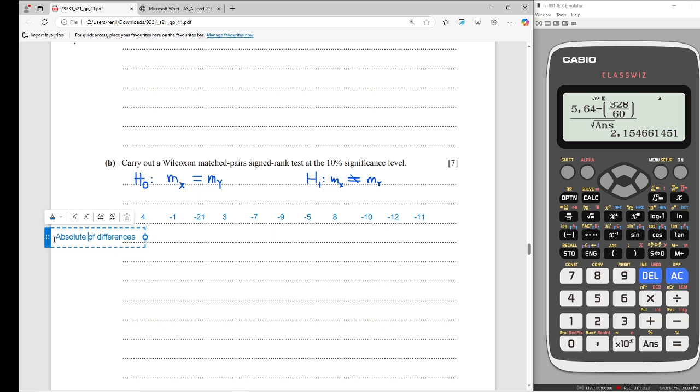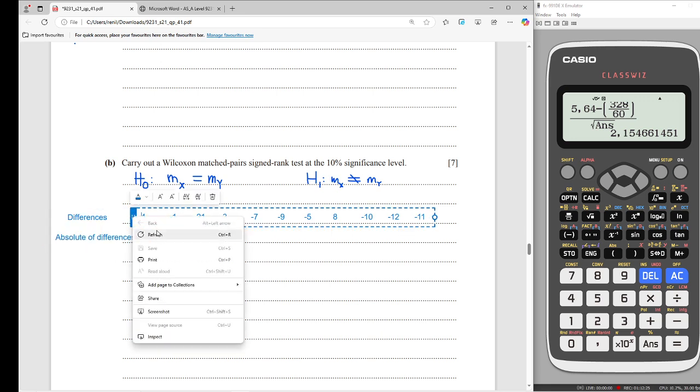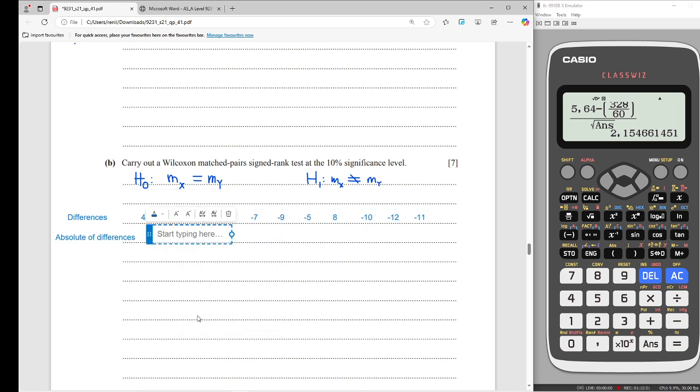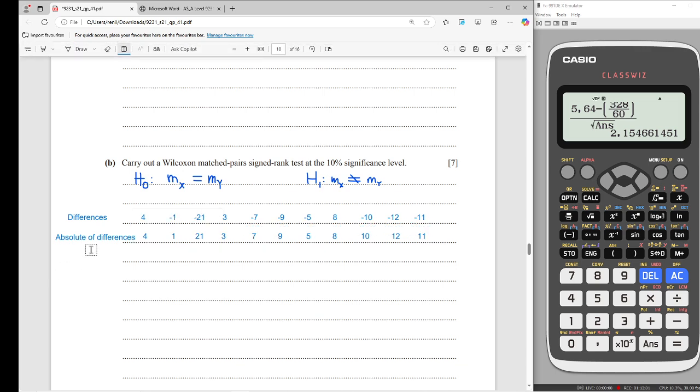So what are the absolute values? 4, then we have 1, 21, 3 remains 3. This becomes positive 7, 9, 5, 8, 10, 12, 11.